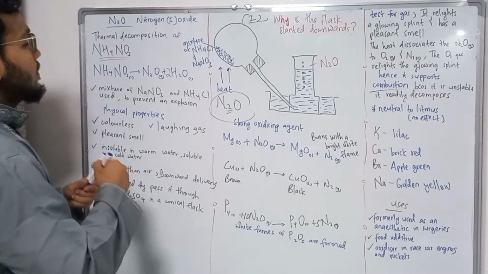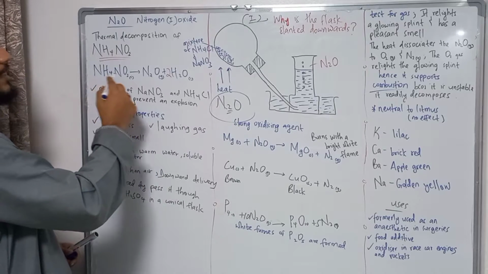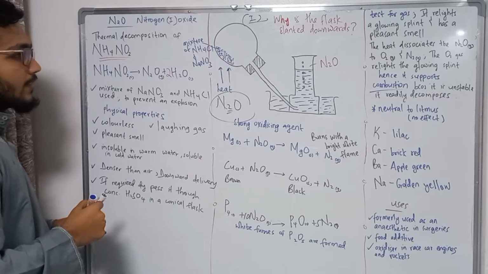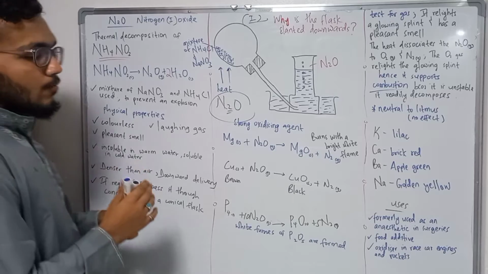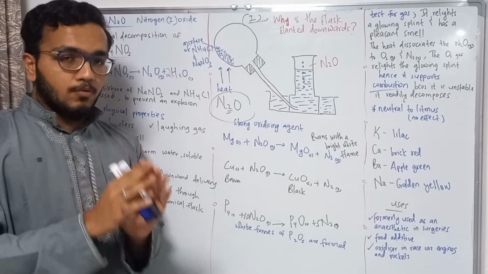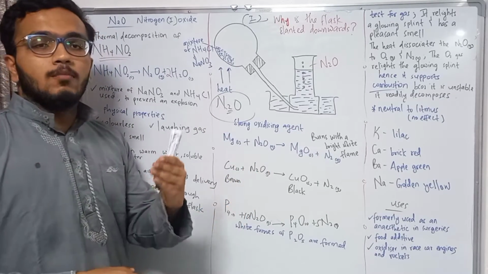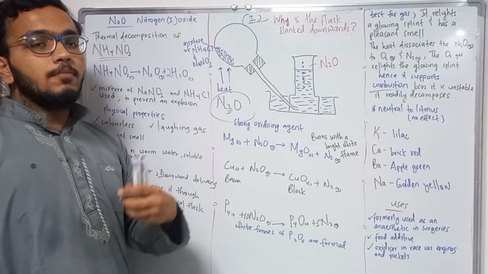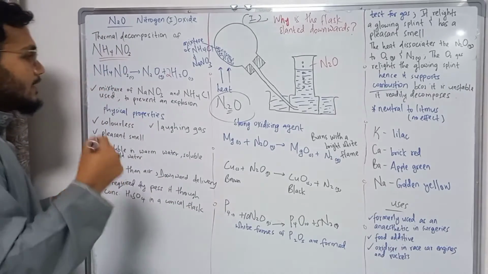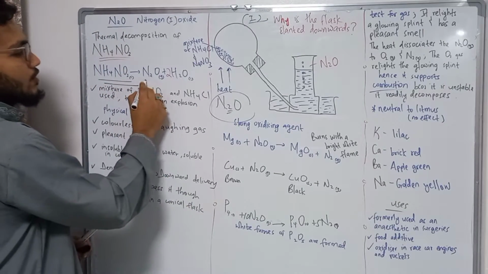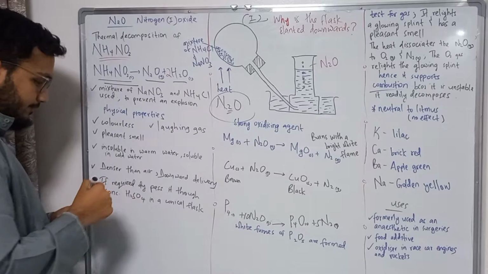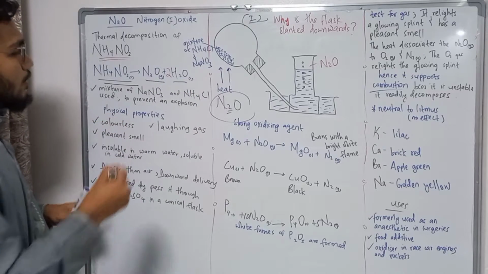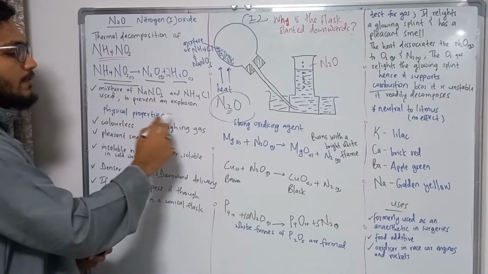So you use a mixture of sodium nitrate plus ammonium chloride to prevent an explosion. So sodium nitrate combines with ammonium chloride to form ammonium nitrate and sodium chloride. Then the ammonium nitrate decomposes to give nitrogen 1 oxide and water. A mixture of sodium nitrate and ammonium chloride is used to prevent an explosion.